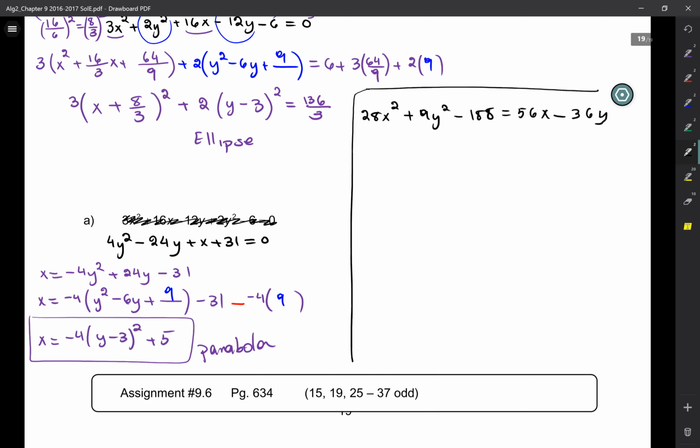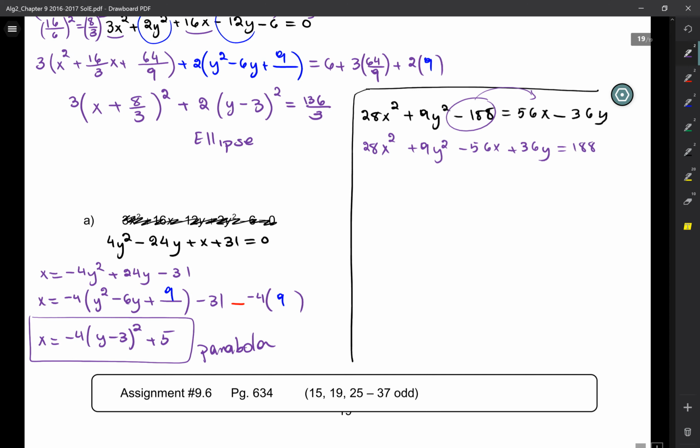Okay, so here we're gonna move everything to one side and the constant to the other side. So this will be 28x squared plus 9y squared minus 56x plus 36y, and the negative 188 goes over to the other side and it becomes positive 188.